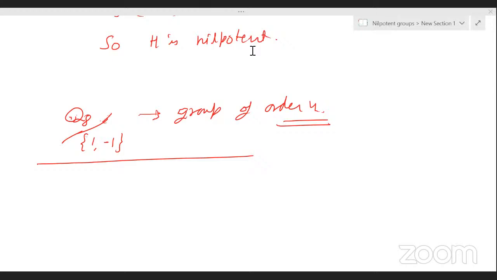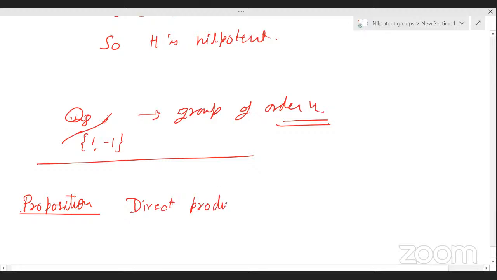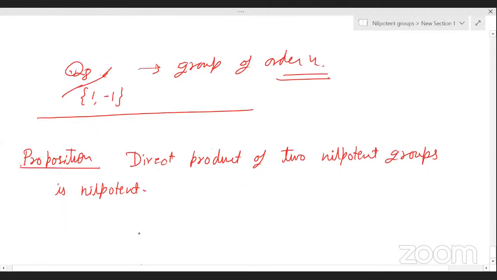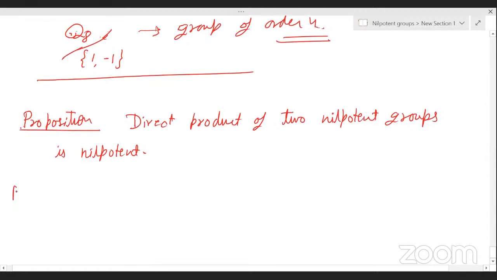So the proposition is: the direct product of two nilpotent groups is nilpotent. Let us prove it.